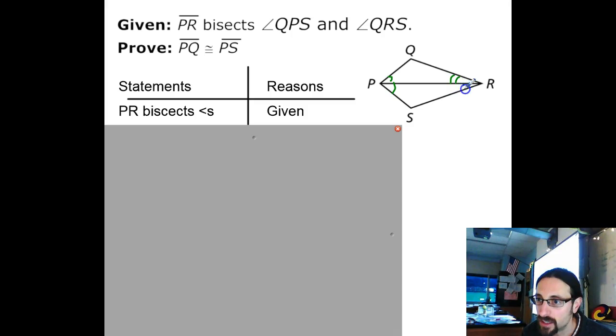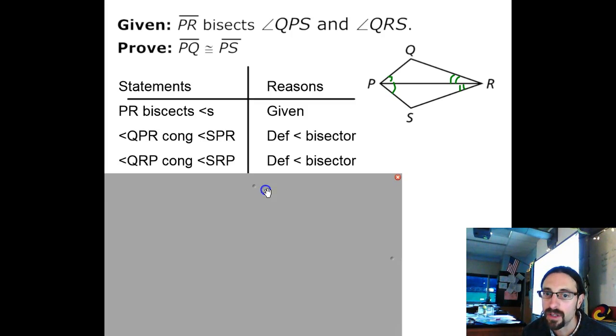And when I say this angle, of course, I'm referring to angles QPR congruent to SPR, and QRP congruent to SRP. And that is because of the definition of an angle bisector.